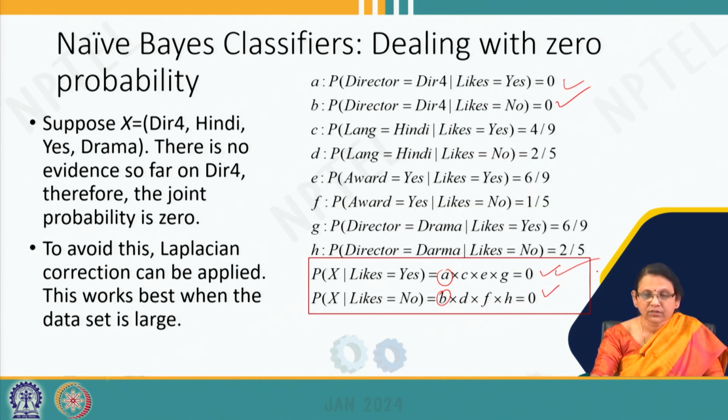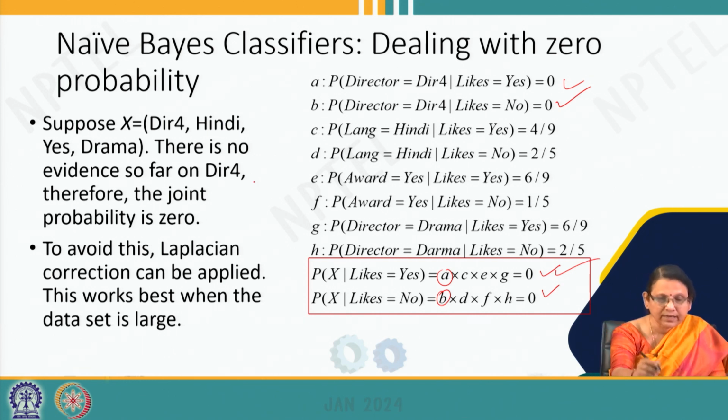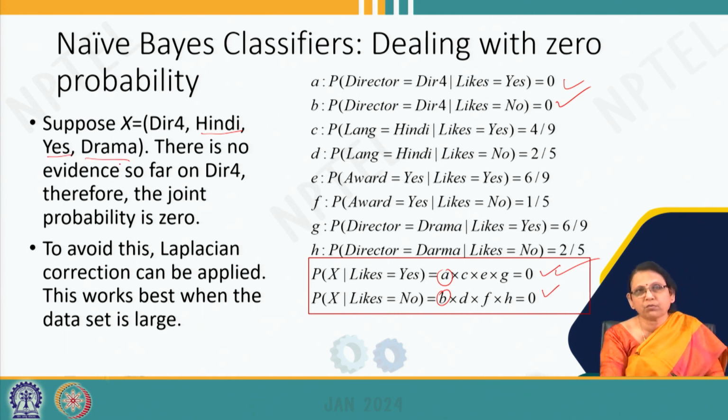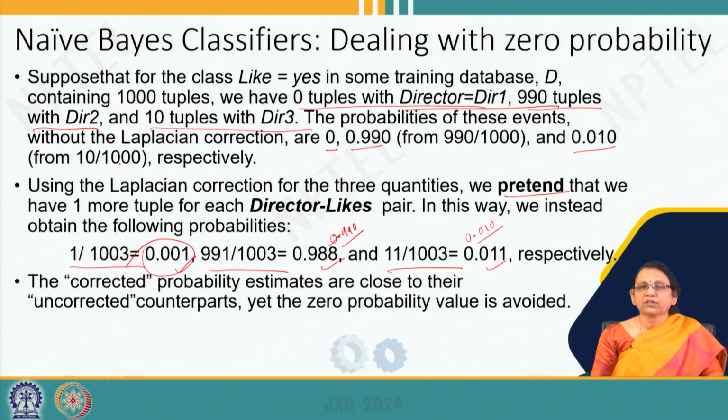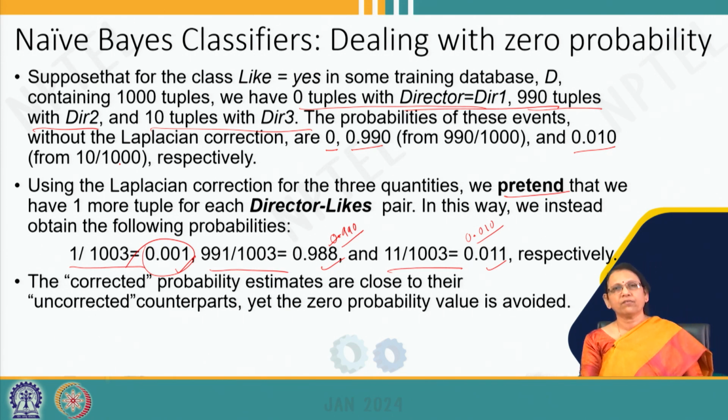This situation is not good because there is evidence that this person likes Hindi movies, he likes movies with awards, he likes drama type of movies. Now because director 4 is not there, will you not recommend it? So now we have a correction because of which, with some lower probability, we will recommend it. But it will at least come in the recommendation list.